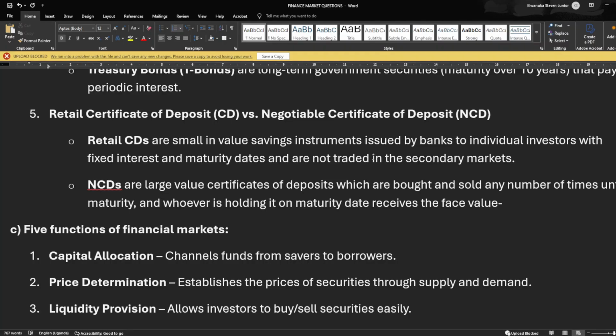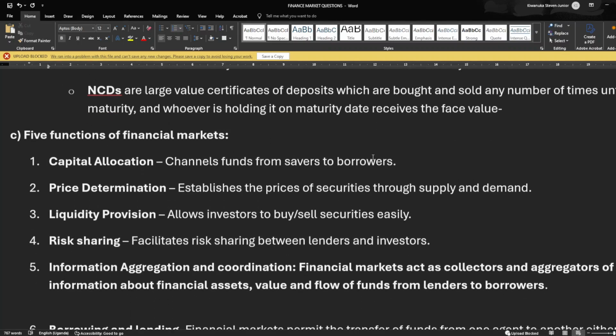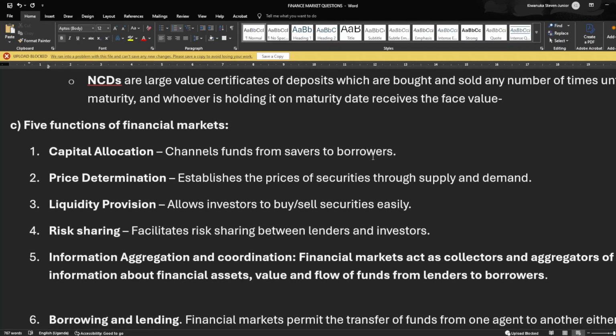That is what we call a negotiable certificate of deposit.